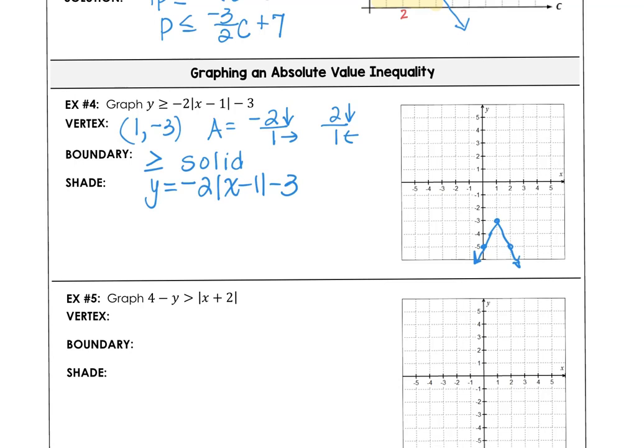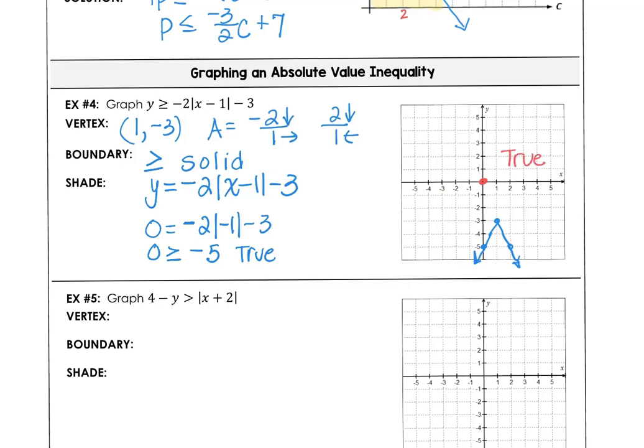If we tested (0, 0), y is 0, and the absolute value of negative 1 is going to be positive 1. And negative 2 times positive 1 is negative 2, minus 3. So 0 is greater than or equal to negative 5. That's true. Our test point is (0, 0). This is true up here.